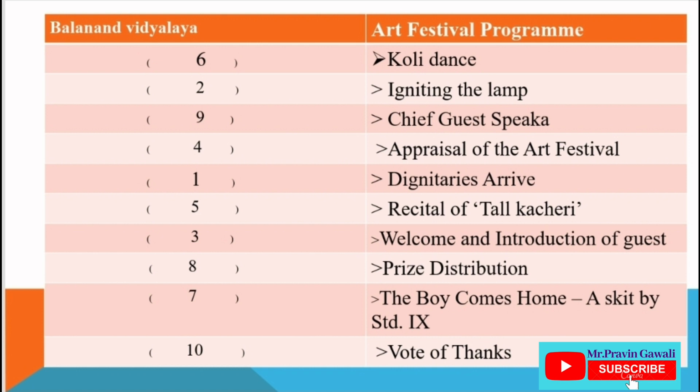Sixth, Koli dance. Seventh, the boy comes home, a skit by standard 9th. Eighth, prize distribution. Ninth, chief guest speaks. And the last one, that is 10th, vote of thanks. Okay students, so this is the correct order of the activities.